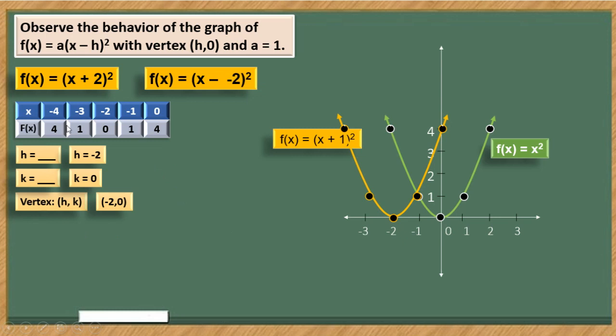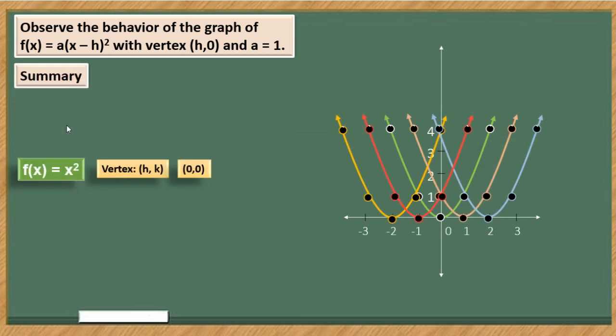We have already four examples, so let us now try to summarize what we have discussed. Here is our reference function, and here is our reference graph. It has its vertex at the origin.